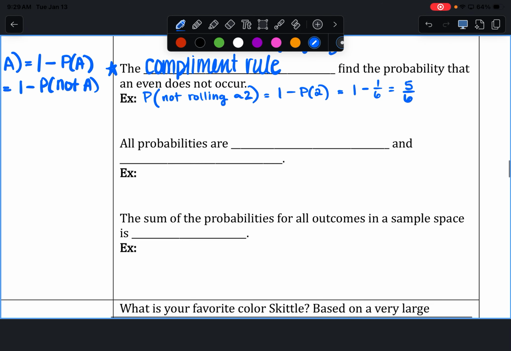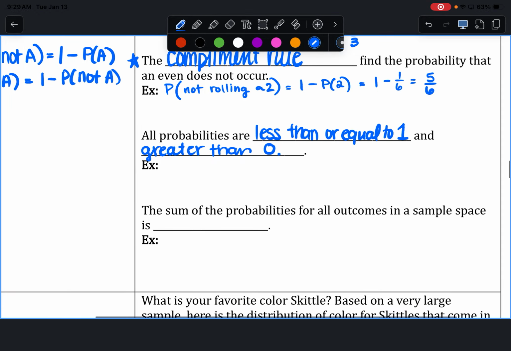Now, all probabilities are less than or equal to 1 and greater than or equal to 0. Okay, so the probability of any event has to be greater than or equal to 0 and less than or equal to 1.